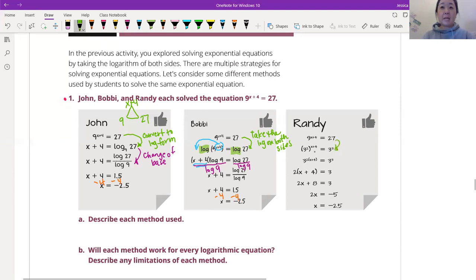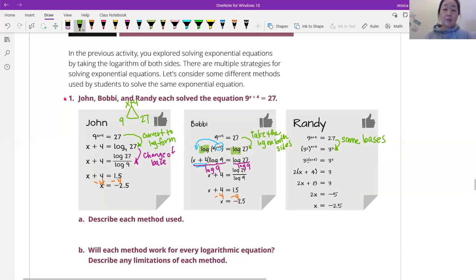He starts out with the same equation, except this person is making the same bases, right? So he knows that 9 is 3 squared, and also that 27 is 3 cubed. We just talked about that recently, right? And if you remember your exponent properties, a power to a power, we multiply them.